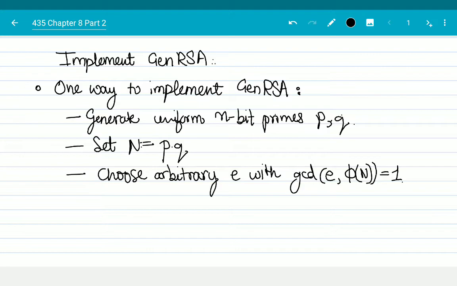Sorry, not phi of n. I'm sorry, we want GCD 1 with phi of n. So phi of n was phi of P times phi of Q, so P minus 1 times Q minus 1. Well, yeah, I guess for a computer you can choose it so that those are coprime.